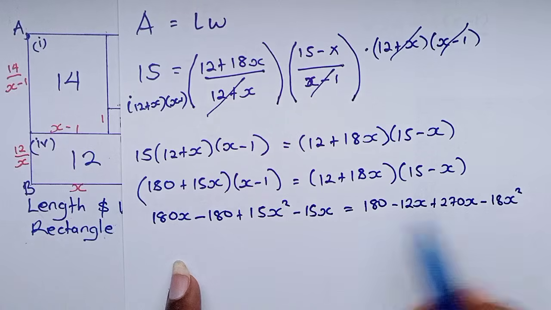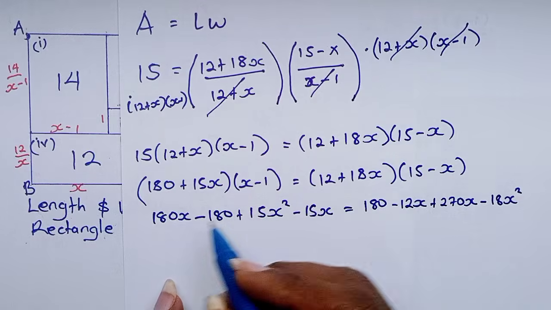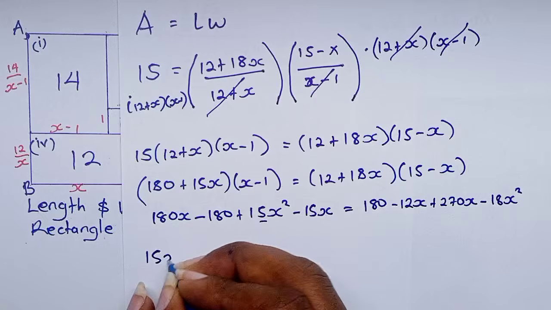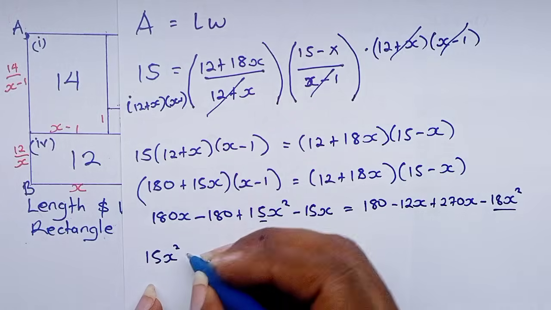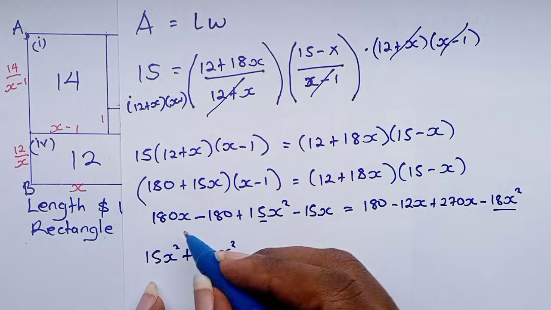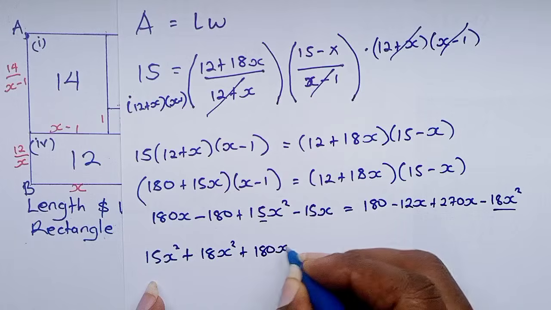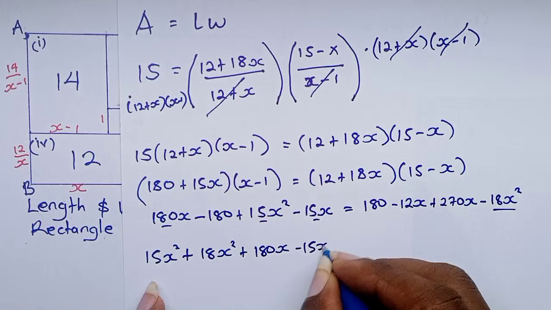So we rearrange and bring everything to one side so that we equate the equation to 0. So we shall have 15x squared. When this 18x squared crosses, it becomes plus 18x squared. Then plus 180x, minus 15x.